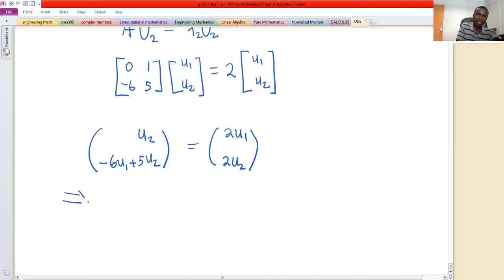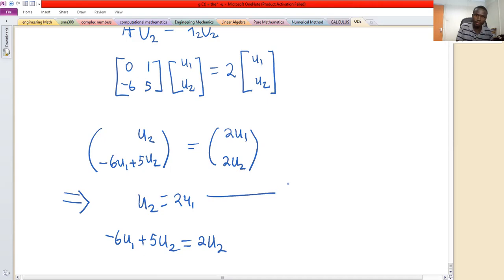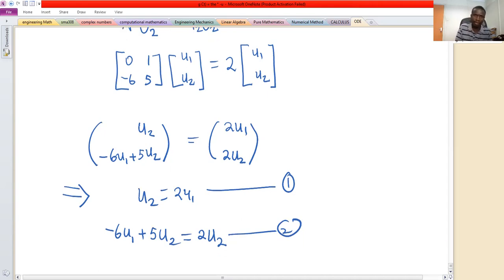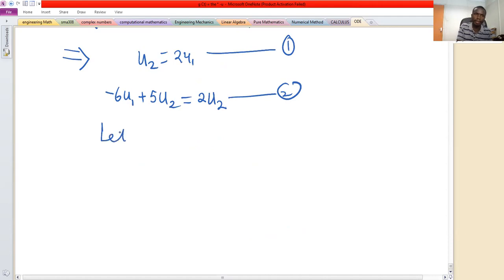And for this equality to make sense, u2 must be the same as 2 u1, and minus 6 u1 plus 5 u2 equals 2 u2. This is equation 1, this is equation 2. Check that equation 2 and equation 1 are the same. So when we let u1 be t, then u2 should be 2t, and this t is any non-zero real number.